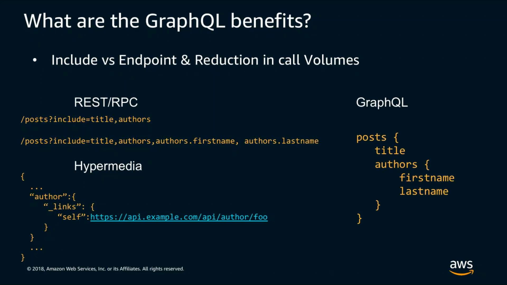But with GraphQL, by intelligently modeling your schema, you can basically have a single API call that returns all the information that is required for the client to render its user interface. And the design choice that the developer has to make between exposing include headers or endpoints is completely gone.